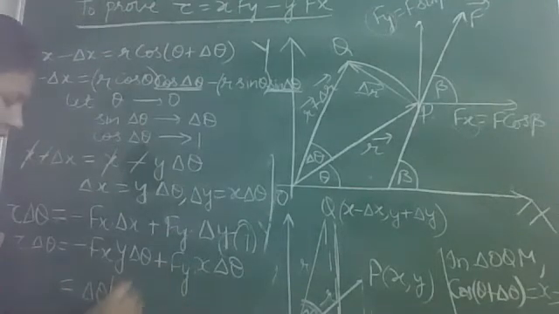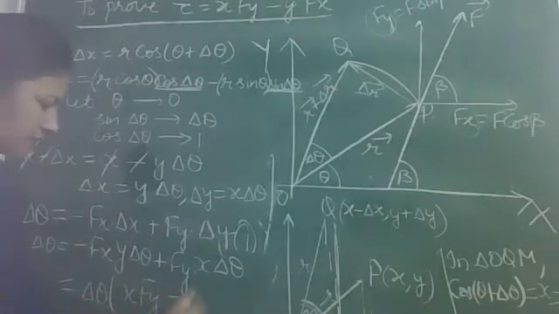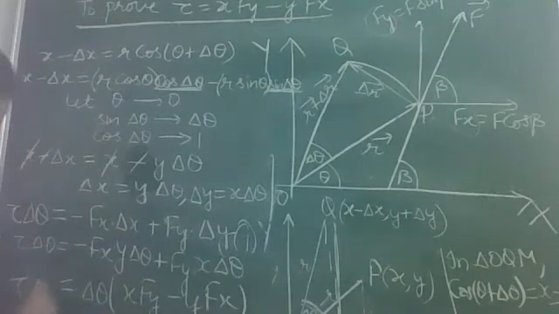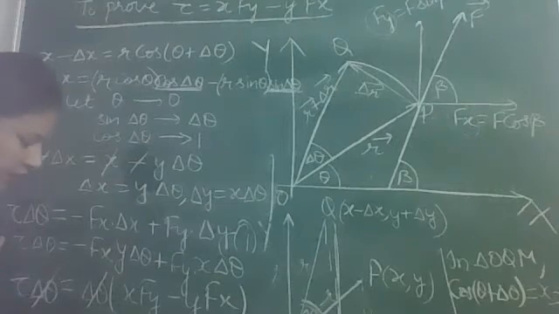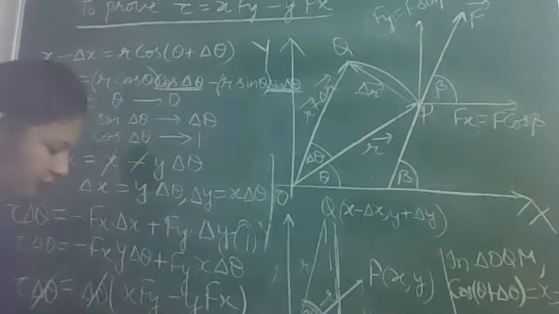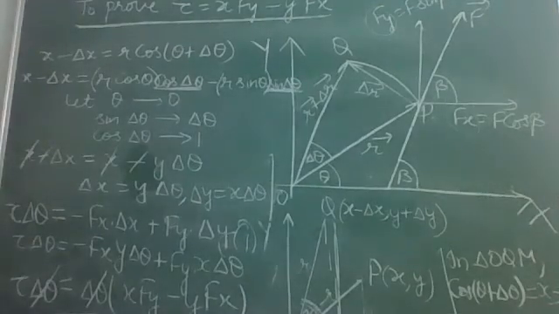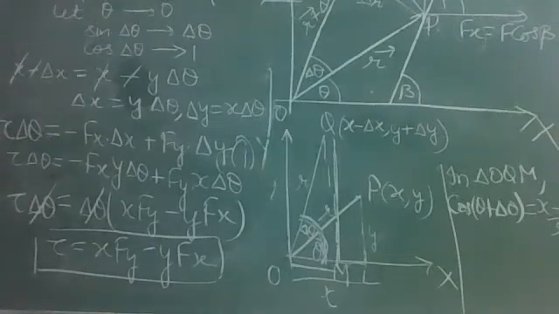You write x Fy minus y Fx, tau delta theta. Delta theta gets cancelled and we are left with the Cartesian coordinate form of torque. Tau is equal to x Fy minus y Fx. So this is the proof of the Cartesian coordinate form of torque.